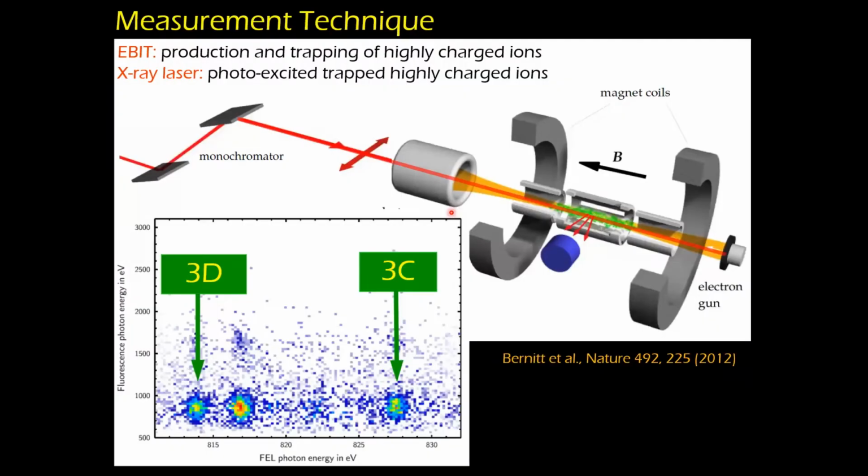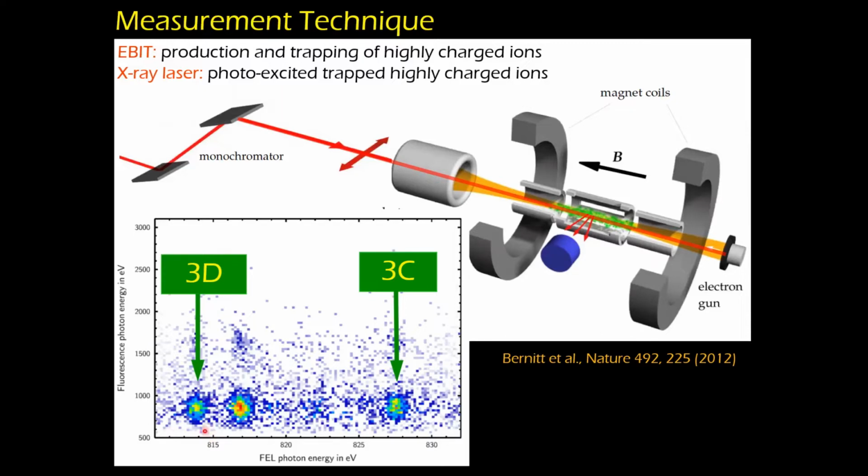The measurement technique is the same as I mentioned in the beginning. We simply scan the monochromator, photoexcite the ions, and measure the fluorescence. This is what you see here at the left: the fluorescence intensities are measured by this detector, and the free electron laser photon energy is given by scanning this monochromator.